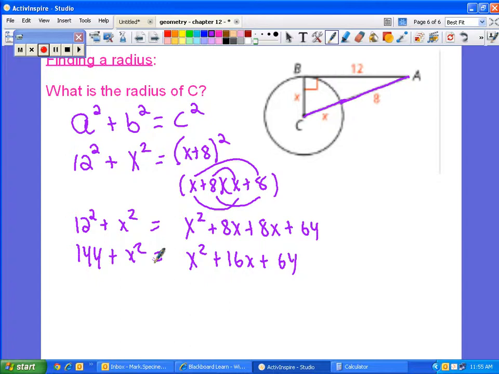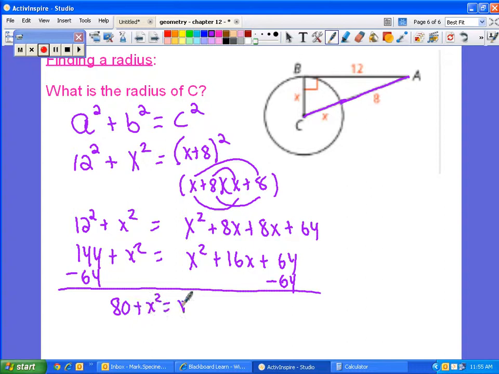So what do you want to subtract, Dylan? Subtract 64. Okay. Good. So let's subtract 64 from both sides. That gives me 80 plus x squared is equal to x squared plus 16x. Okay, now what?